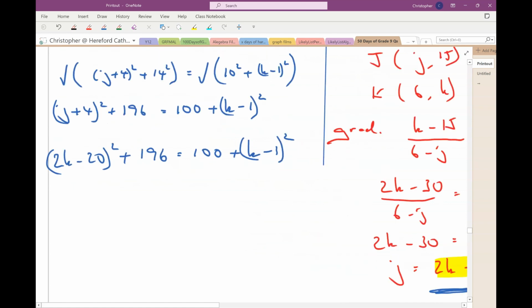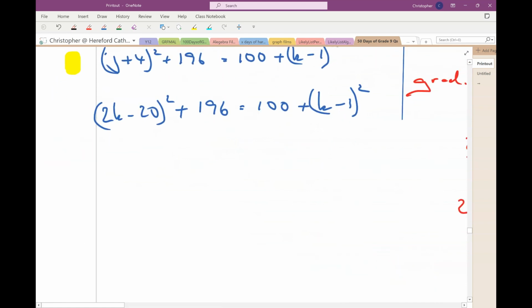And now I've got an equation which has just got K's in it. So let's solve it. Let's expand those two brackets there. So 4K squared, it's going to give me minus 40, which is going to be doubled, minus 80K plus 400 plus 196 equals 100 plus, let's have a think, K squared minus 2K plus 1. Right, let's get everything on the left-hand side, shall we?